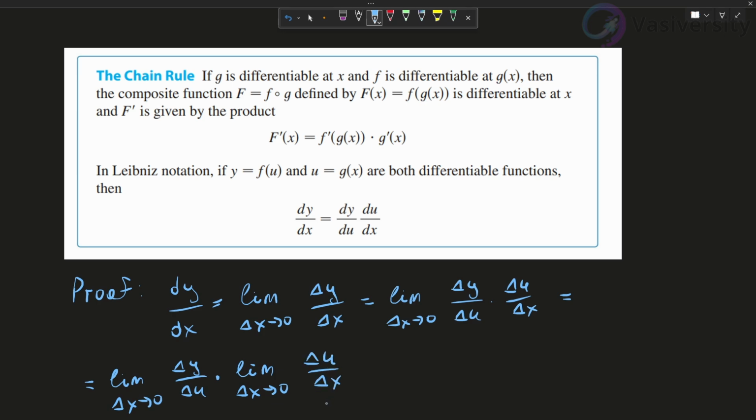We need to remember that delta u goes to 0 as delta x goes to 0. So this is just dy over du times du over dx. And that's it. Proved. This notation is exactly what this means.